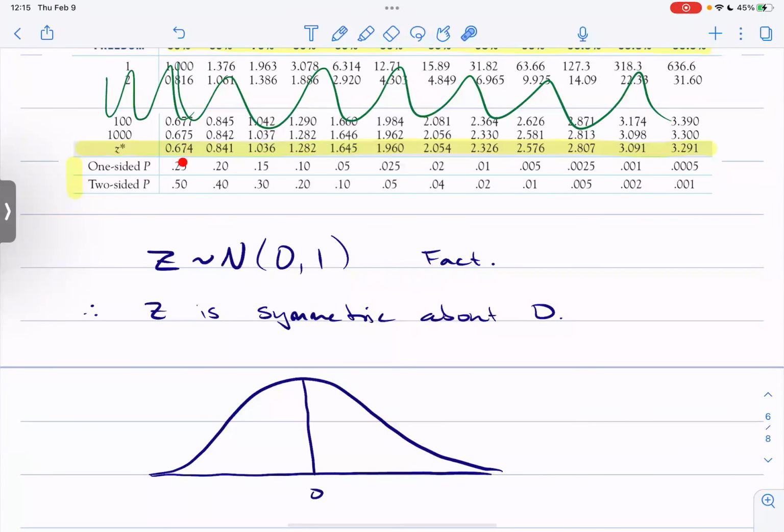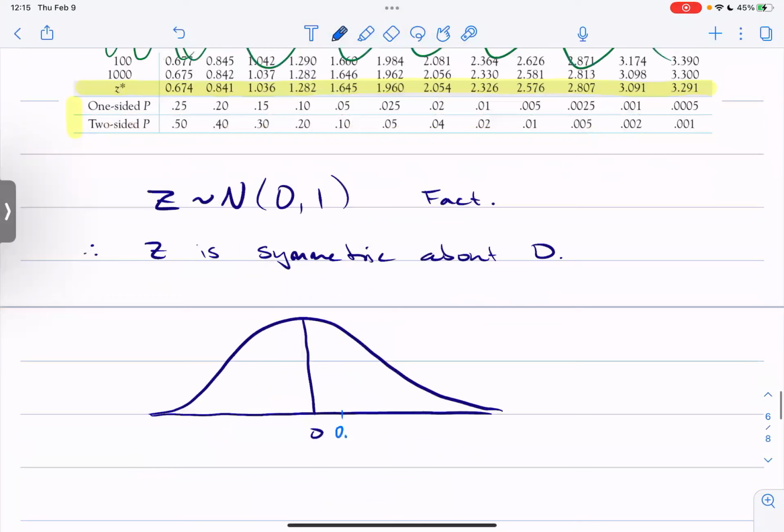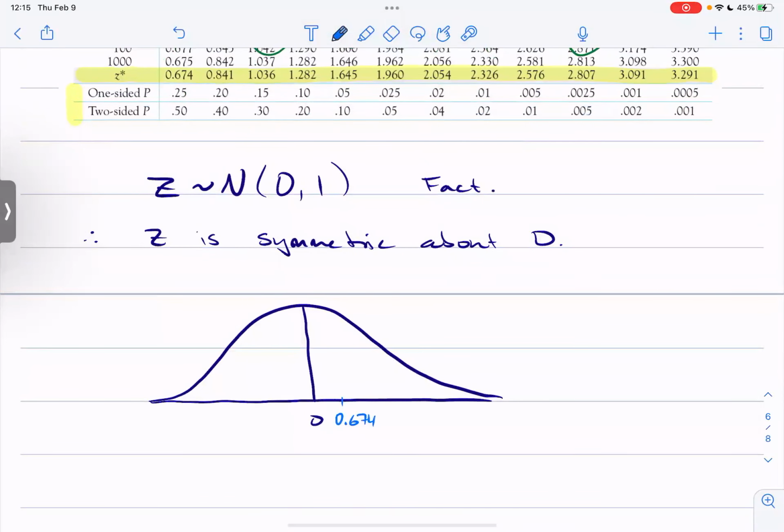So what we're going to have is this normal distribution centered on 0. And then these are just kind of check-in points for Z. Remembering that this lower axis here is just the number line. We're given 0.674, 0.841, and then kind of keep going a little bit, 2.576, for example.